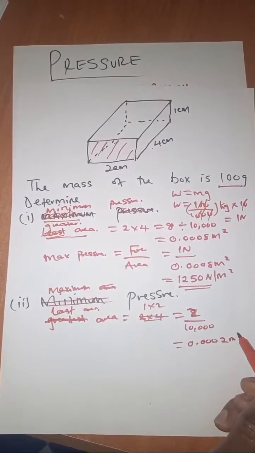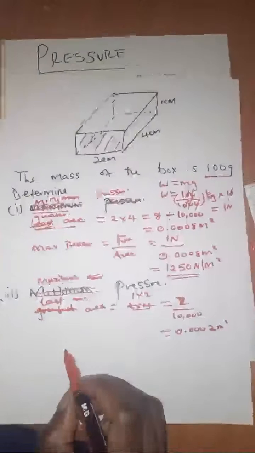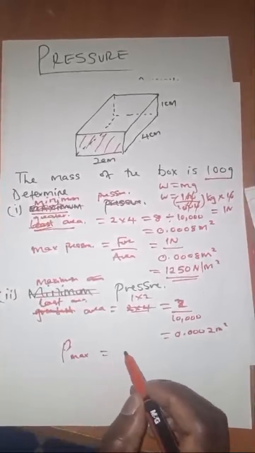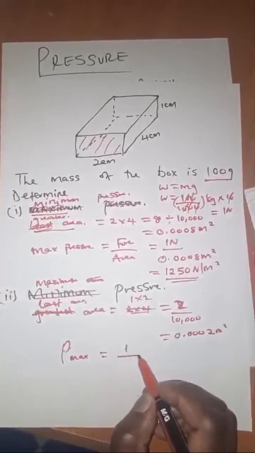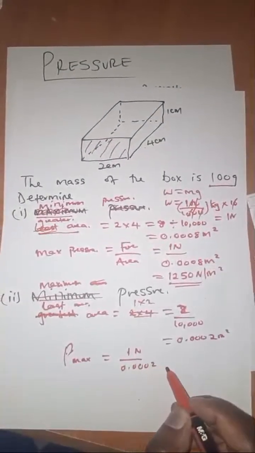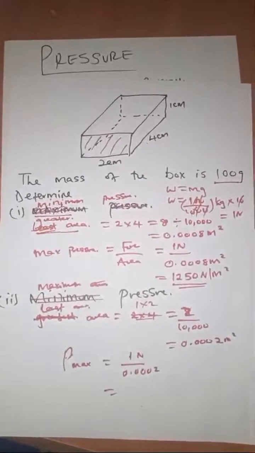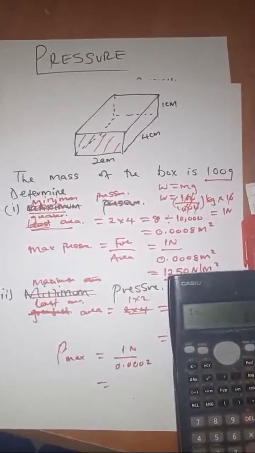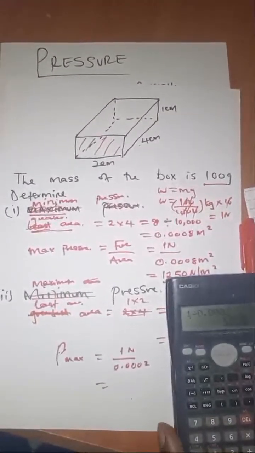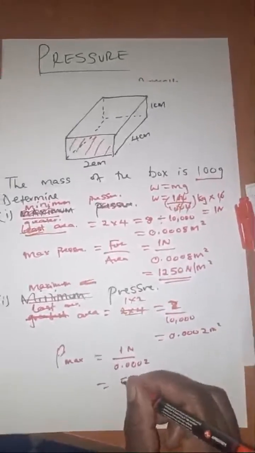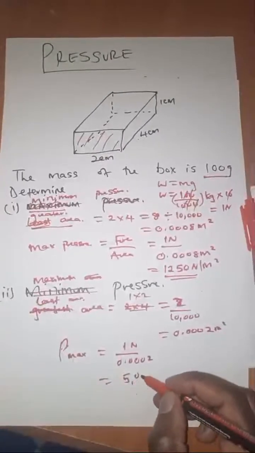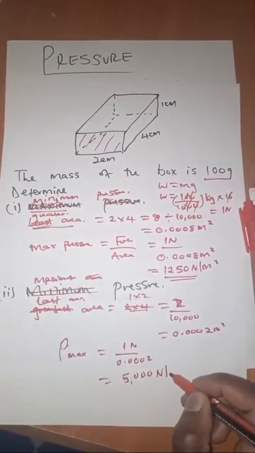meters squared. Now to get the max pressure, we take the force, which was 1 Newton, and divide by 0.0002, and feeding this onto the calculator, we get 5,000 Newton per meter squared.